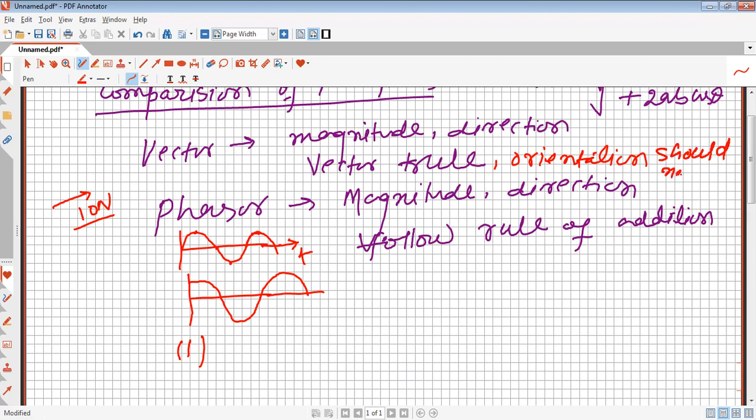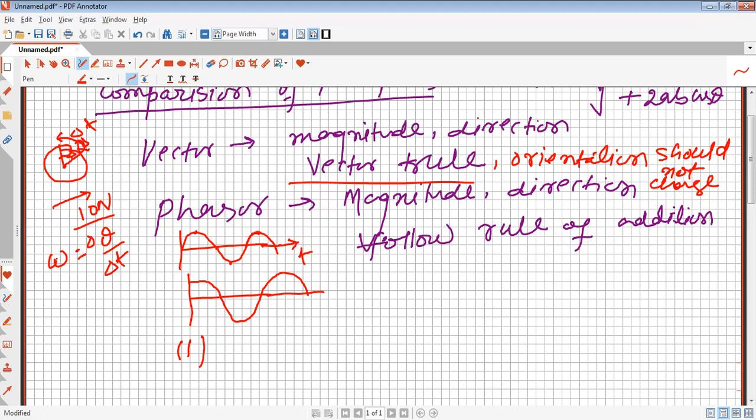As we see in the case of rotational motion, if we talk about angular velocity, this is angle theta, and this time is taken as delta t, and this angle is written as delta theta. So angular velocity is theta by t, or delta theta by delta t.